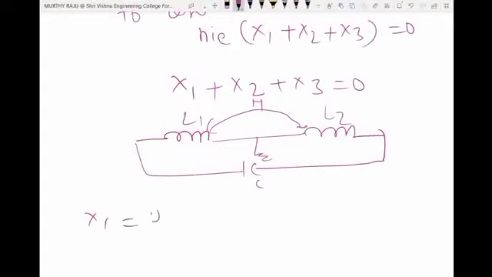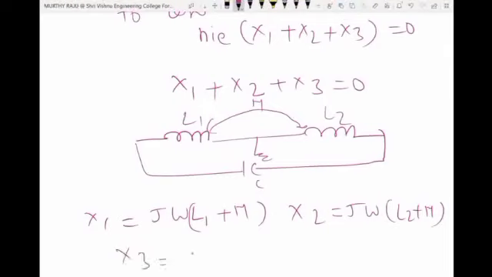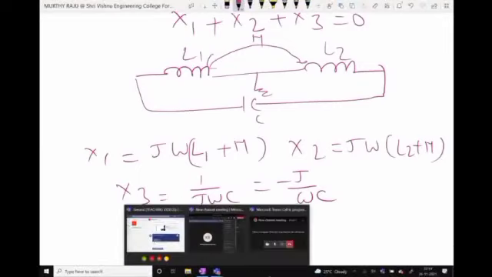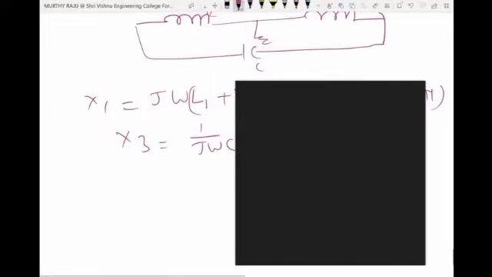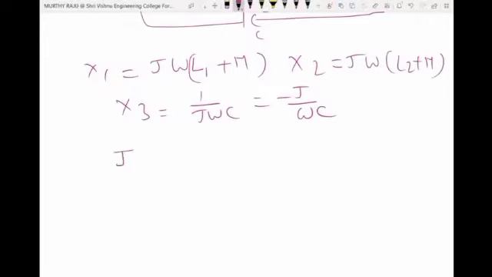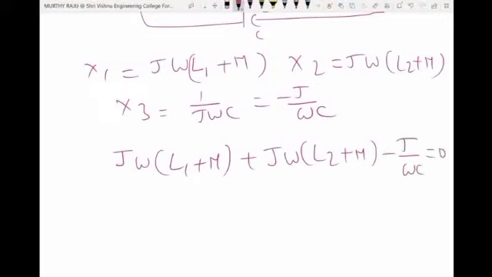X1 is equal to j omega L1 plus M, x2 is equal to j omega L2 plus M, and x3 is equal to 1 by j omega C, that is equal to minus j by omega C. Here x1 plus x2 plus x3 is equal to 0.